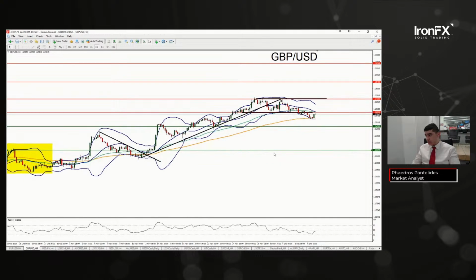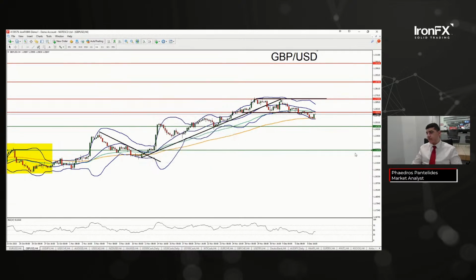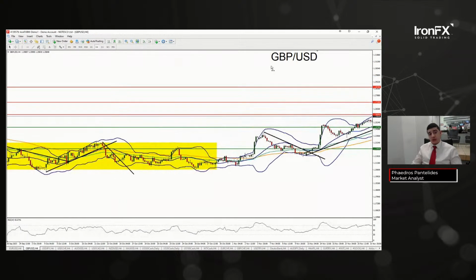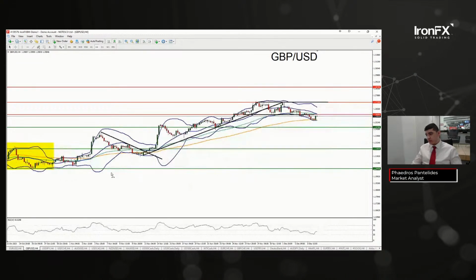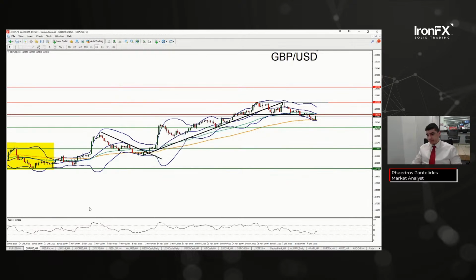we could bring S2 at 1.2265. Let's remove our old R3. And then for S3, we could place our support level at 1.2070.